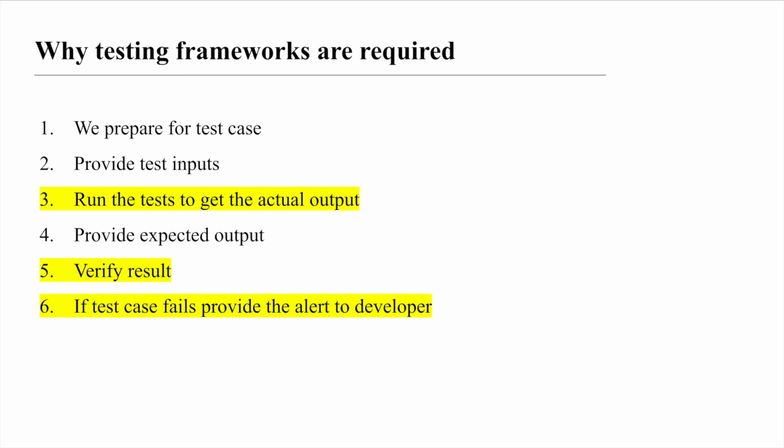All the testing frameworks have the facility to run, verify, and provide some alerts if a test case fails. The remaining three steps, preparation, providing inputs, and providing output, will be the manual process, wherein a testing framework doesn't know what inputs you are going to give or what class you are going to test. So you have to create them manually, but to run it, to verify the result and to provide the alert to the developer, you can use the testing frameworks.